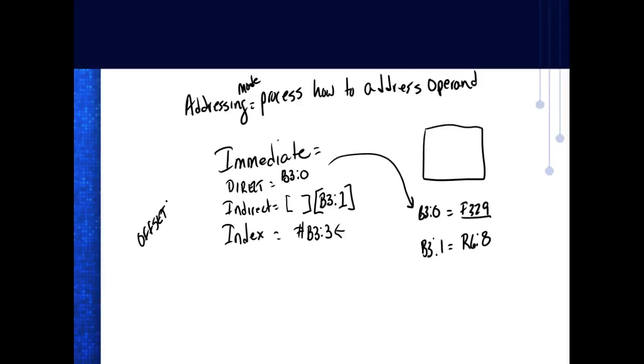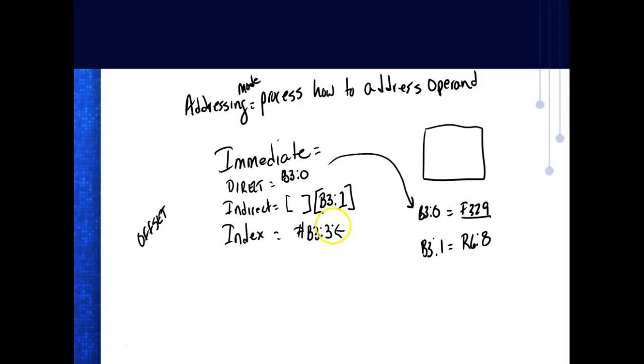I'm reading it right off the handout. That's the index, that's indirect. Above it's hashtag N7 colon 10.